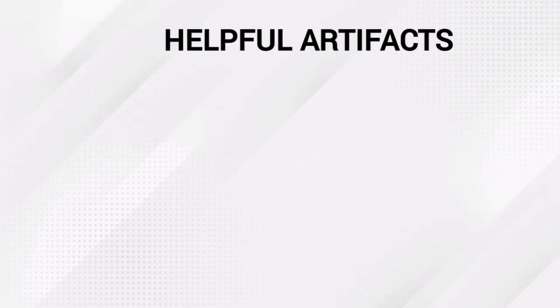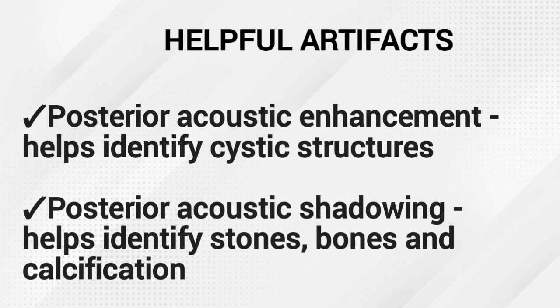Some artifacts are helpful in diagnosis. For example, posterior acoustic enhancement, or what we call through transmission, helps to identify a cystic structure. Posterior shadowing helps to identify a highly attenuating structure like bone or stone or calcification.